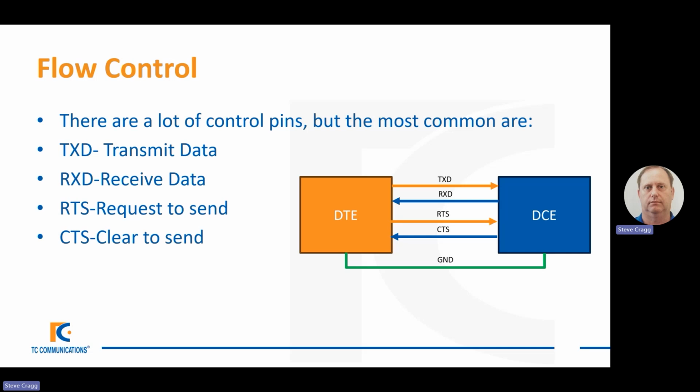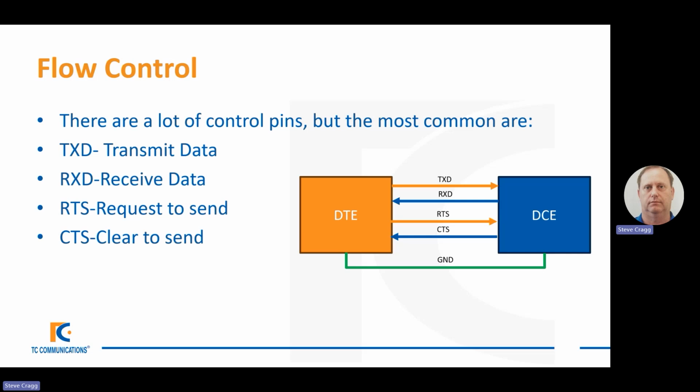And the receiving device says, yes, you may send the data. Now, interestingly enough, this is a typical flow control, but it is only in one direction, from the DTE to the DCE. There is no flow control from DCE back to DTE. It wasn't actually seen as necessary.